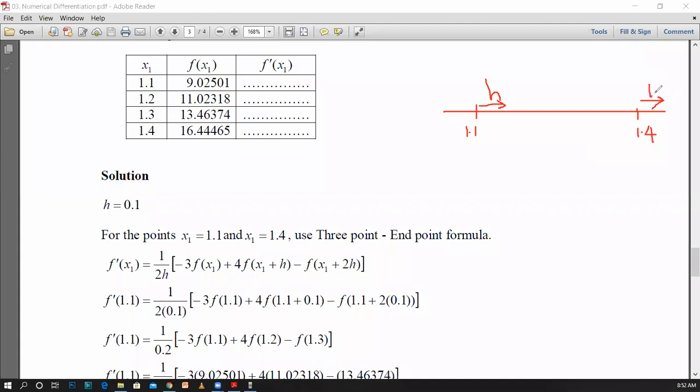There are no such h values beyond 1.4. Therefore, I have to consider this in the negative direction, so I consider minus h. Since we have already identified h as 0.1, in the next case we need to take this as minus 0.1. We'll see how we can perform the calculation to obtain the value at this point.